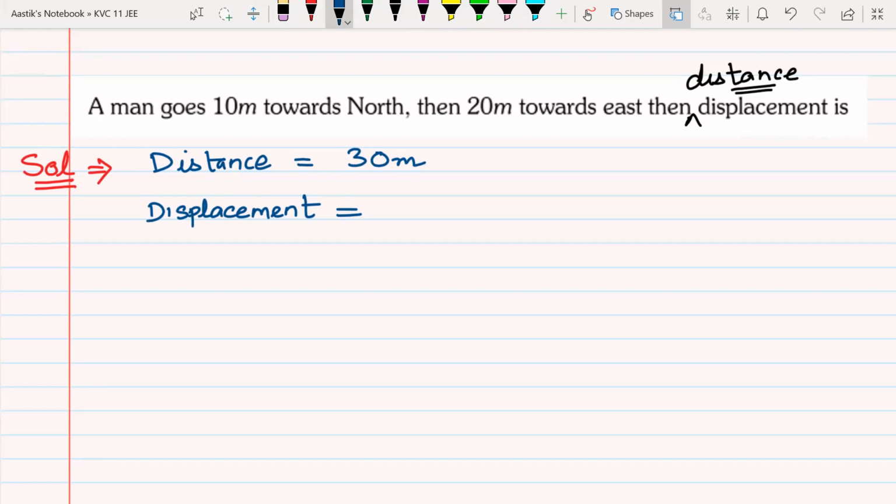So when you said 10 root 5, what did you tell me? Sir, 10 root 5 northeast. When you said 10 root 5, what did you tell me? That's my question. What was 10 root 5?